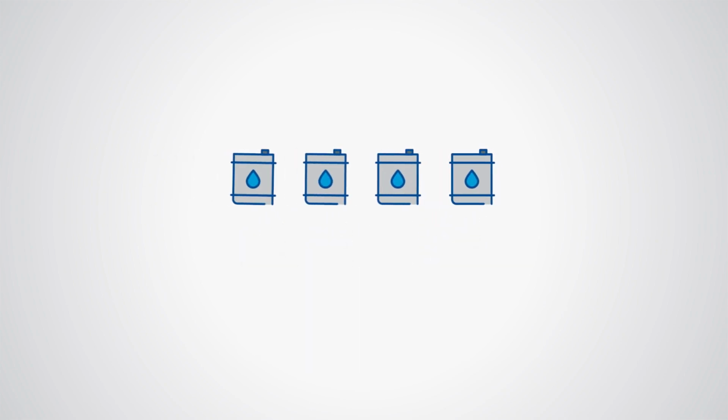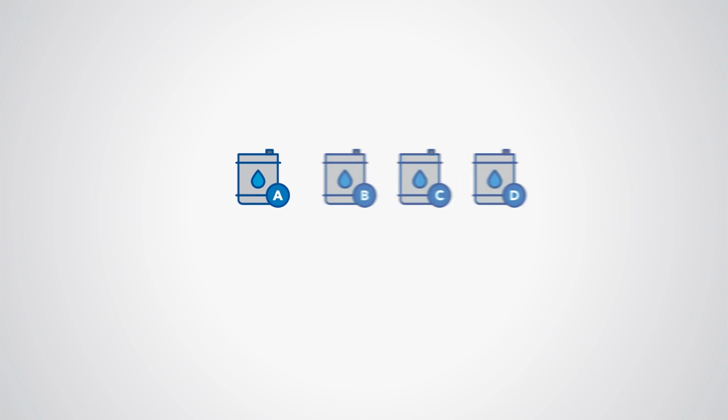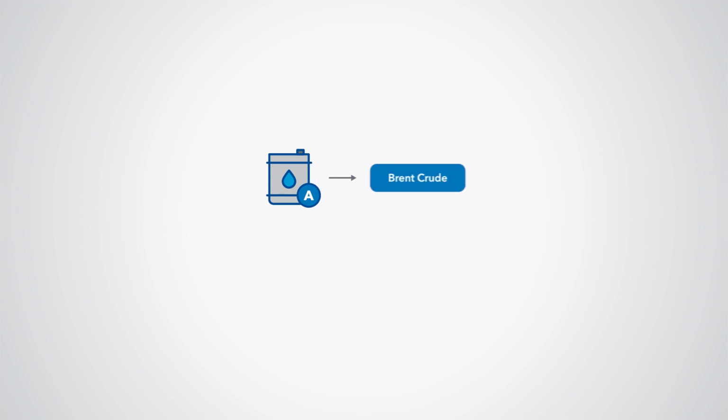Consider, for example, crude petroleum. There are many well-defined categories of crude petroleum based on its key quality characteristics, density, and sulfur content. For example, Brent crude is one of these standard categories with a defined density and sulfur content.